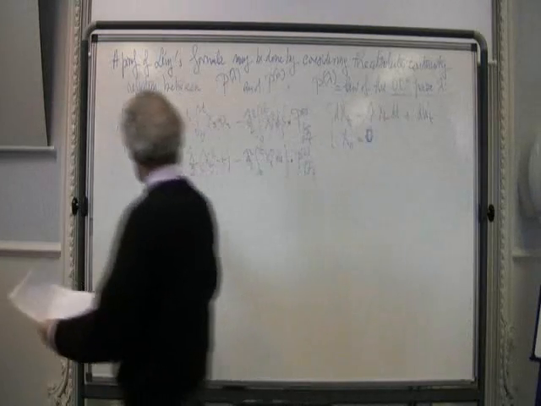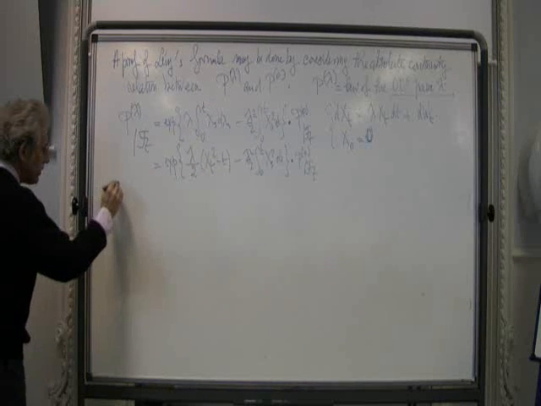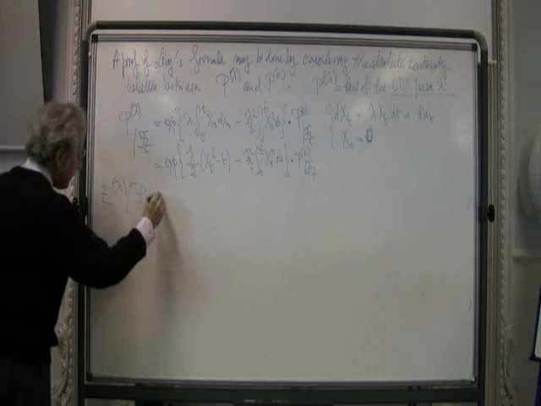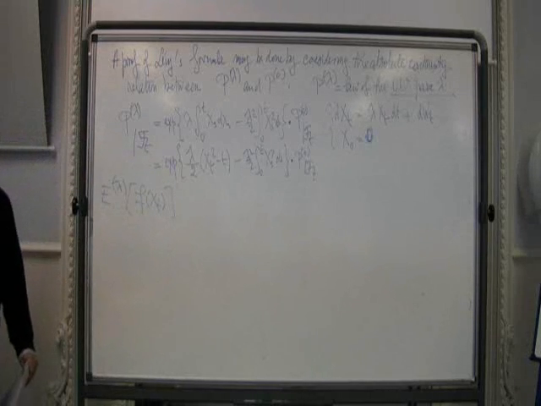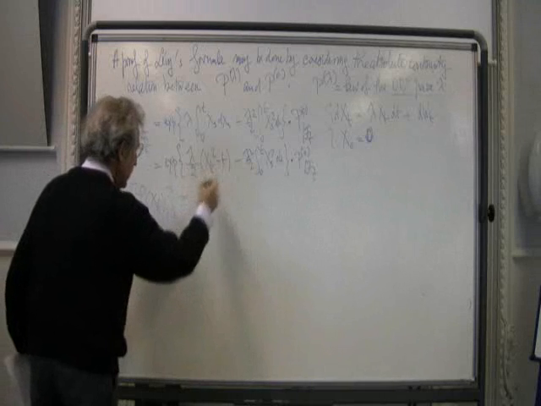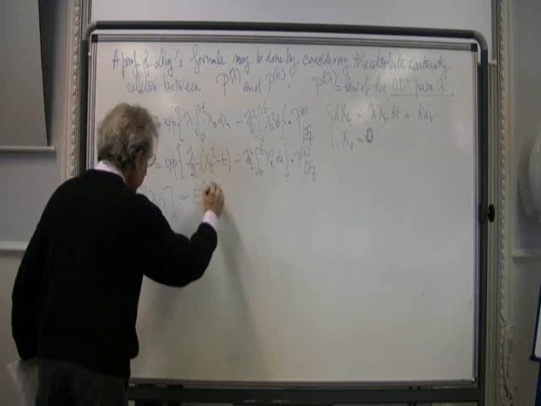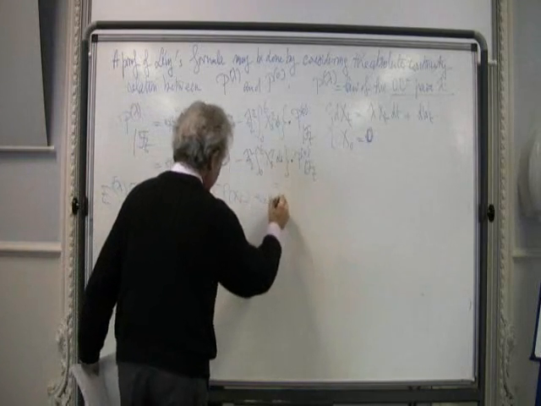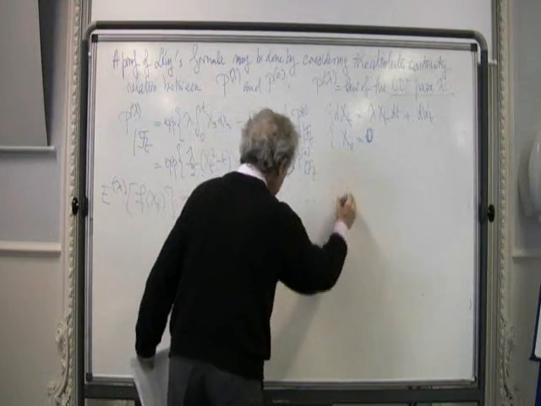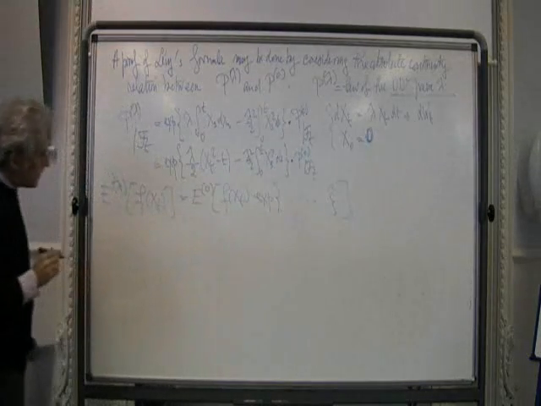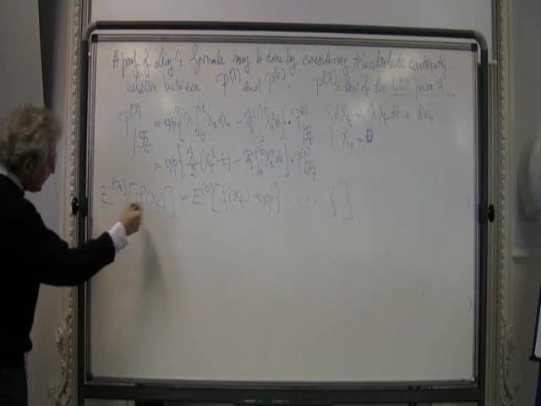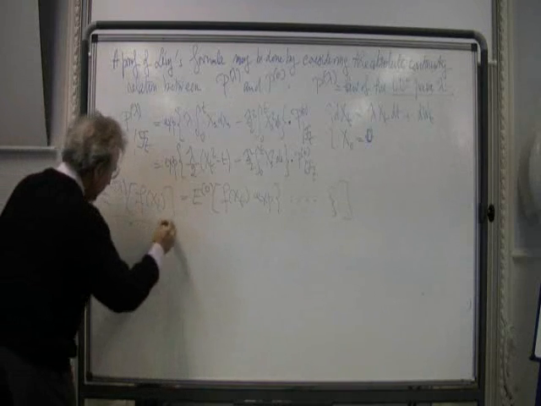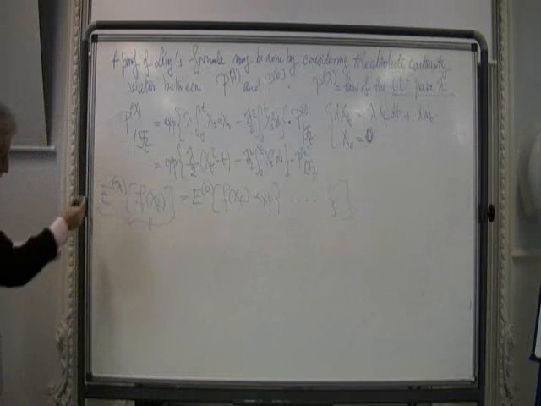So what one does from here is look at E_lambda of, let us say, f of X_t, for a generic function f, and then we apply this formula. So we have E0 of f of X_t and exponential, etc. Now this only involves the semigroup of X_t under P lambda.